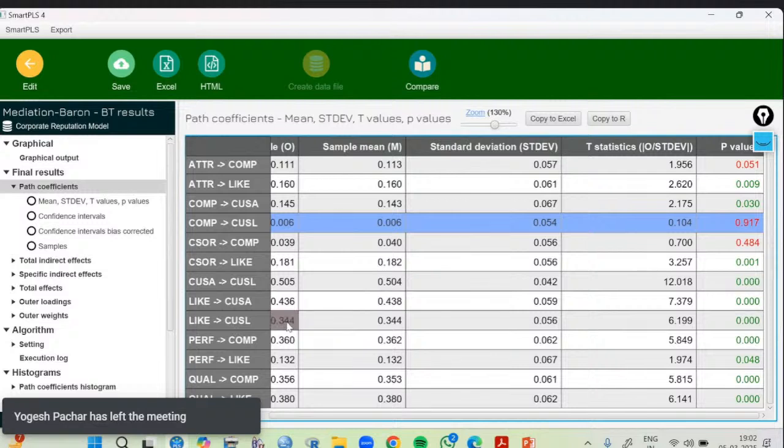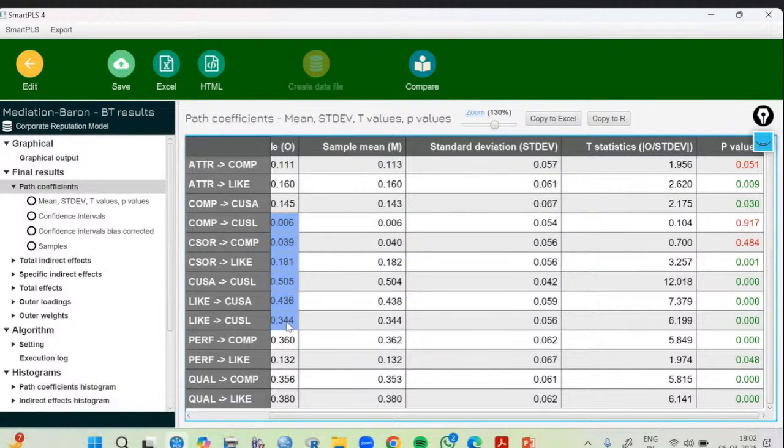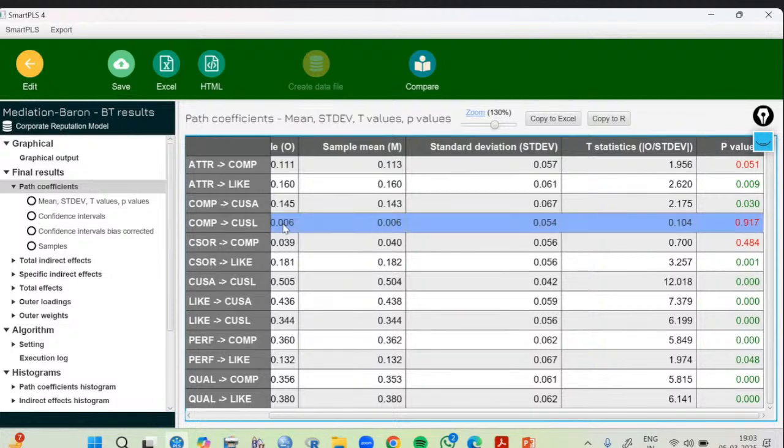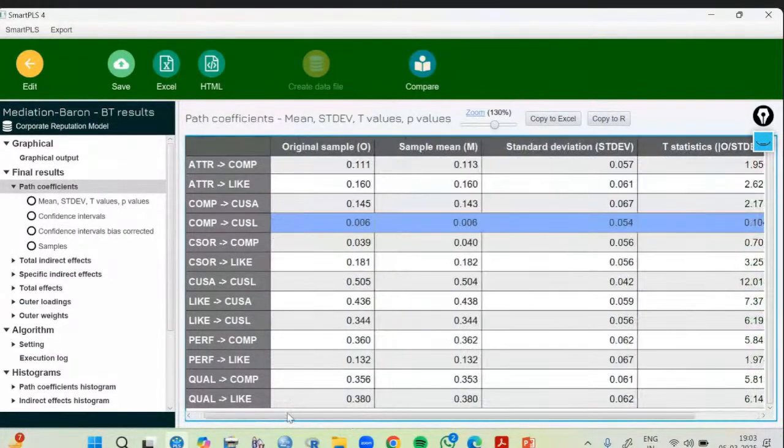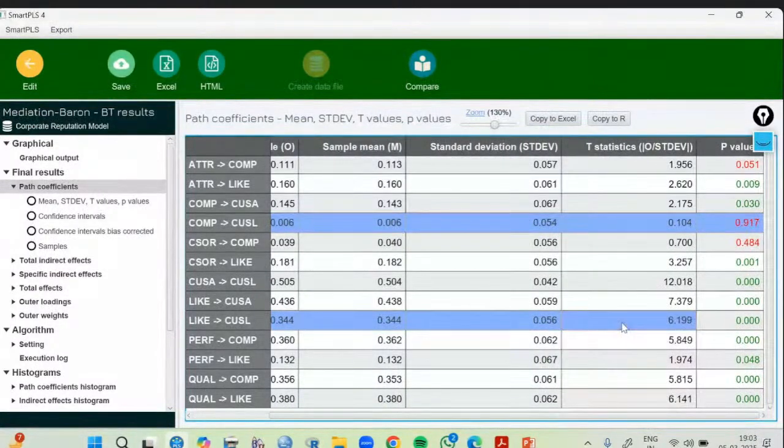Second, likability and customer loyalty, it is significant.